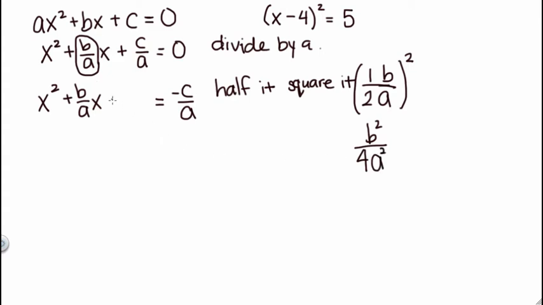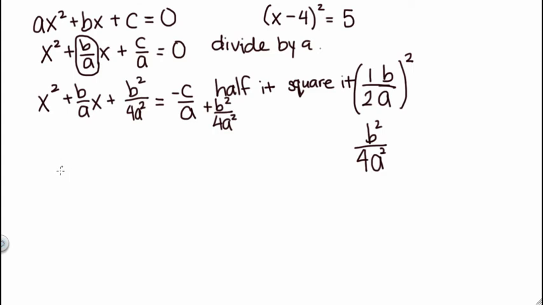Okay, and whatever I do to one side, I have to do to the other, so I'm going to do plus b squared over 4a squared on both sides.